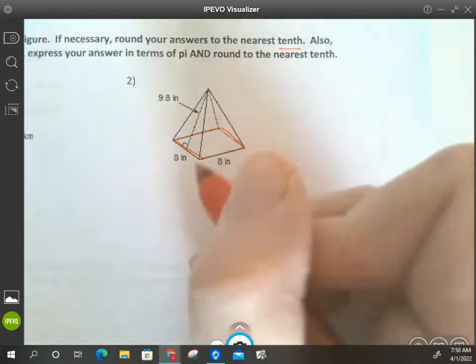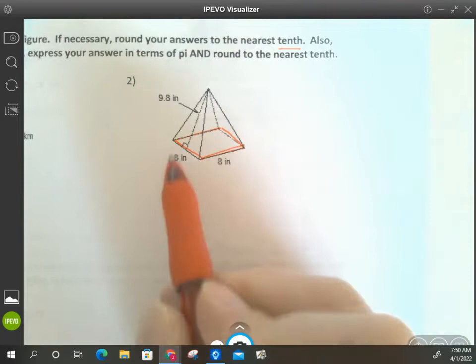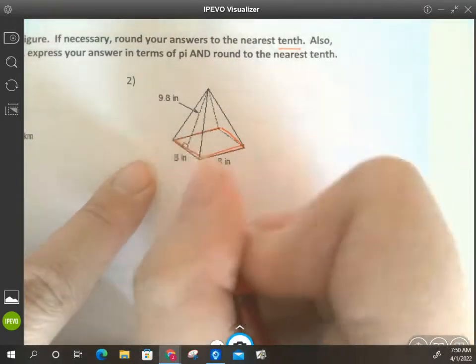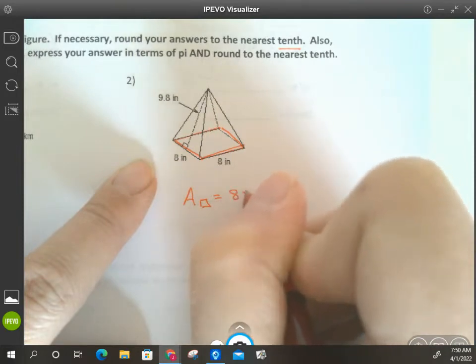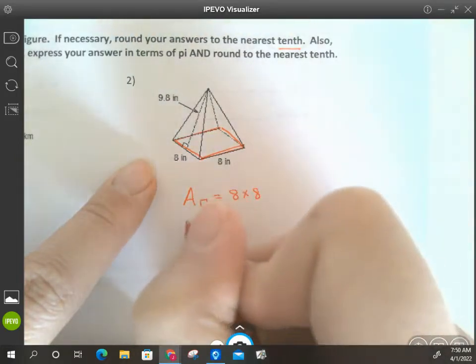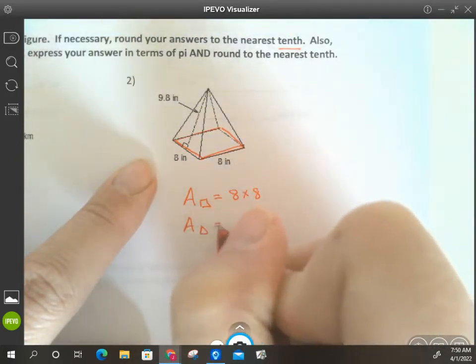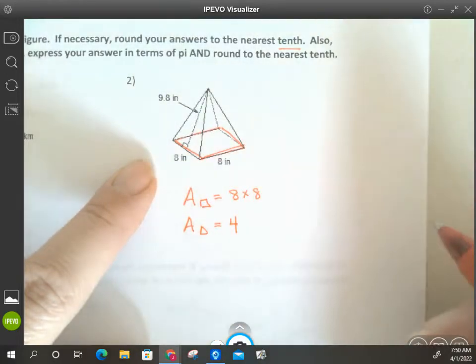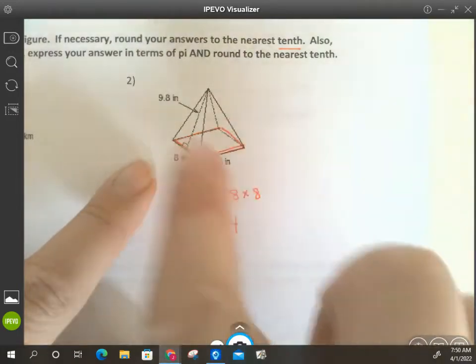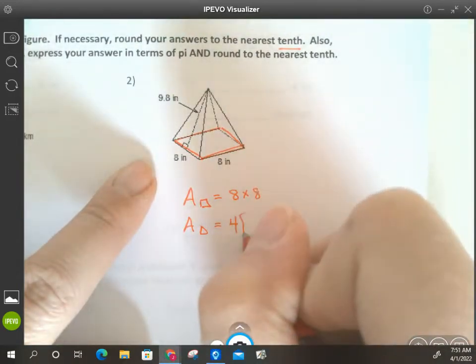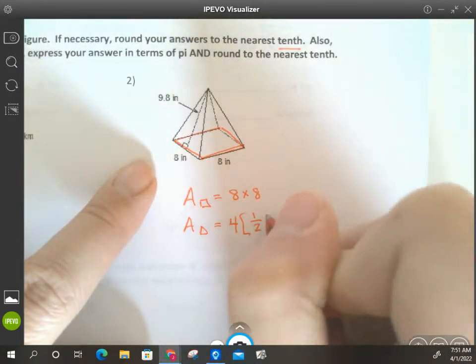Now, with it being a square pyramid, that means all 4 triangles are the same. So the area of the base is 8 by 8. It's a square. The area of the triangles, I have 4 of them. Okay, now, if this was a rectangular pyramid, I'd have 2 on this side and 2 on this, but I have 4, and the area of a triangle is 1/2 the base.